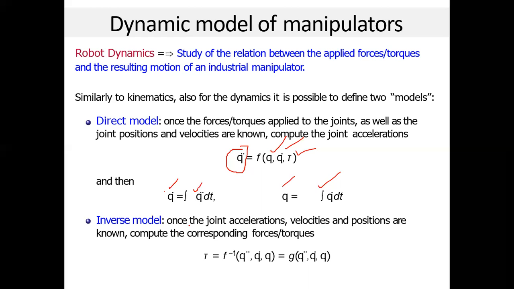So the inverse model, that is inverse dynamics: once the joint acceleration, velocity and positions are known, compute the corresponding forces or torques. This is the reverse concept. That is, we are calculating the torque value from position, velocity and acceleration.